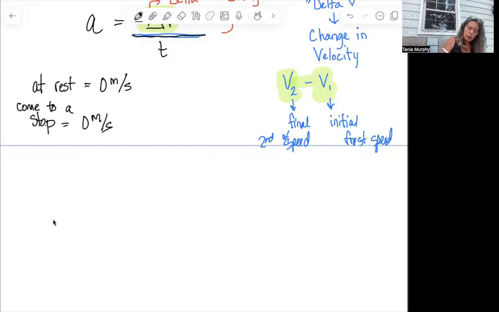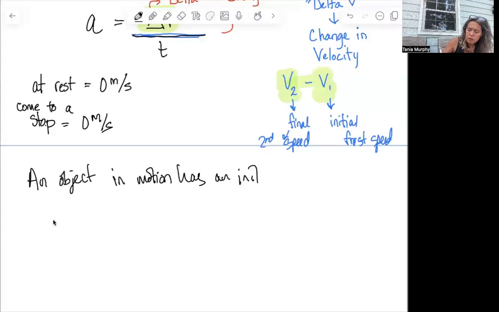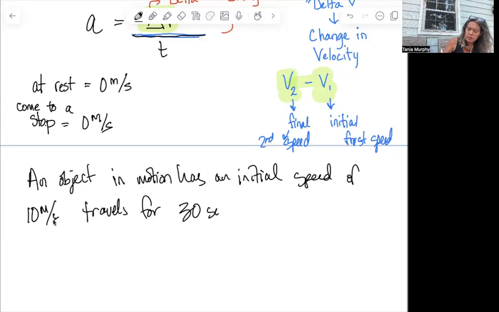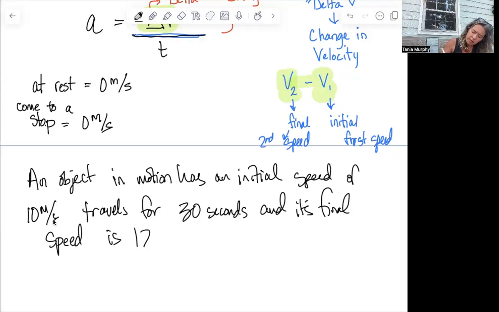Okay. So what we will do is we will have an object in motion, has an initial speed of, let's say, 10 meters per second, travels for 30 seconds, and its final speed is, let's say, 70.